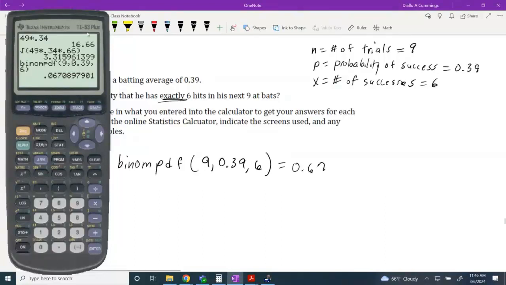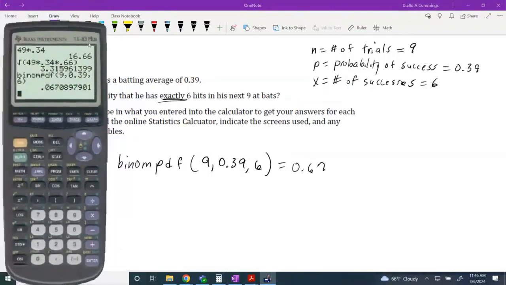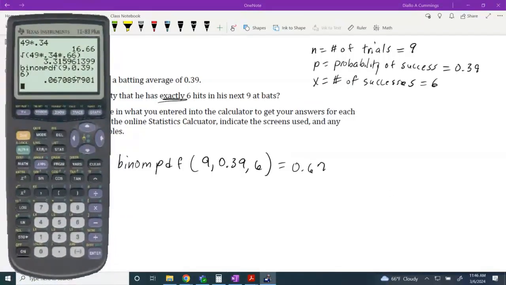So that's how it comes up when you hit that binomial function? Well, yeah, I'll do it again. When I hit second, distribution, and go down to binomial PDF, you have an 84. Is it showing the same way on your calculator? No, it's separating the numbers. It has the trials, the probability, and the X value. I got you. That's why I was wondering.